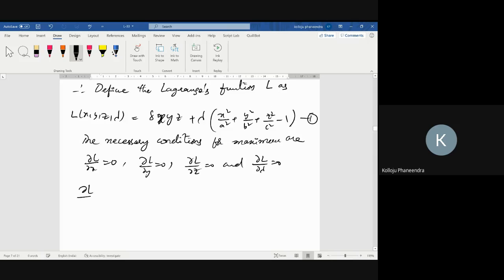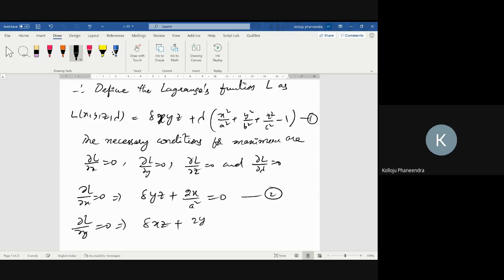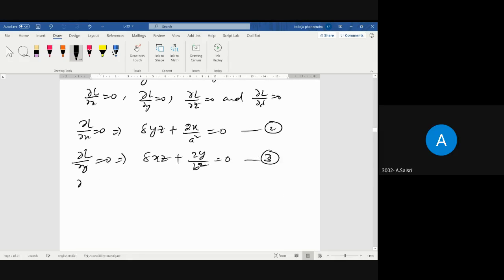First one, dou L by dou x equal to 0 implies 8yz plus 2x lambda by a square equal to 0. Second condition, right? Just derivatives. Dou L by dou y 0, it is 8xz plus 2y lambda by b square equal to 0. Equation 3. Next. Third one, 2z into lambda.